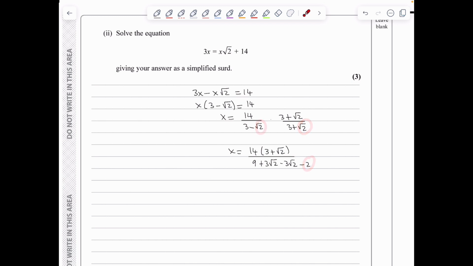We do notice that the 3 root 2 with the minus 3 root 2 will cancel out, and therefore we arrive at x is 14 brackets 3 plus root 2 over 7. The 7 is the 9 minus 2, and I can simplify the 14 with the 7, leaving a 2 in the numerator, which means that x is equal to 6 plus 2 root 2.